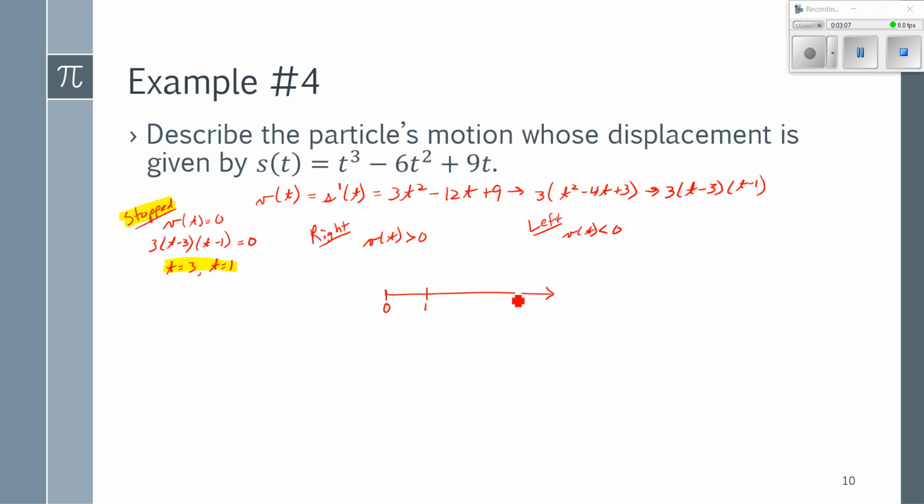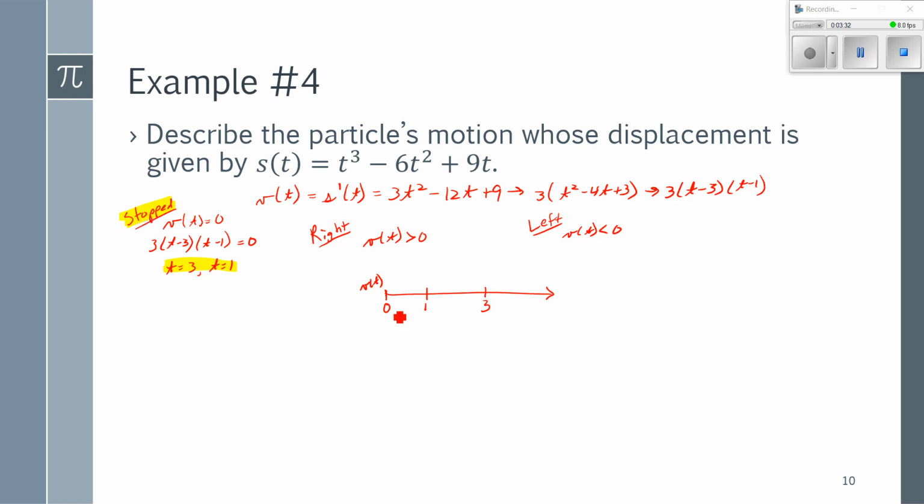So I'm going to put 1 and 3. Make sure you're putting them in the correct spots on the number line. And then I make a little note to myself that this is for velocity. And all I really want to know is where is my velocity positive, where is it negative? I put 1 and 3 on there because velocity is 0 at those times. And I don't want to get those accidentally plugged in then.